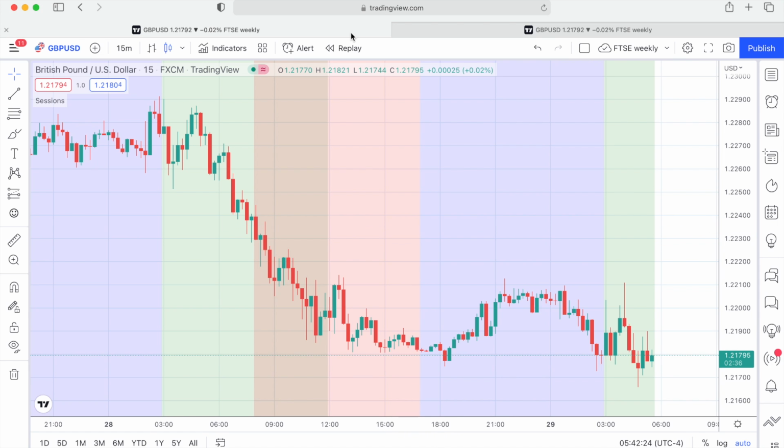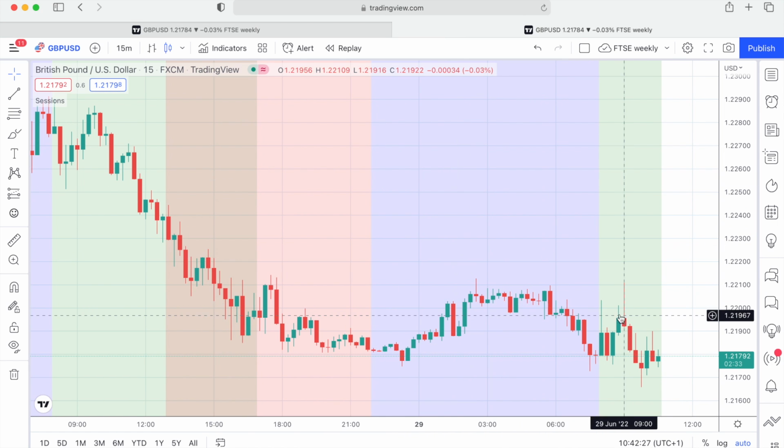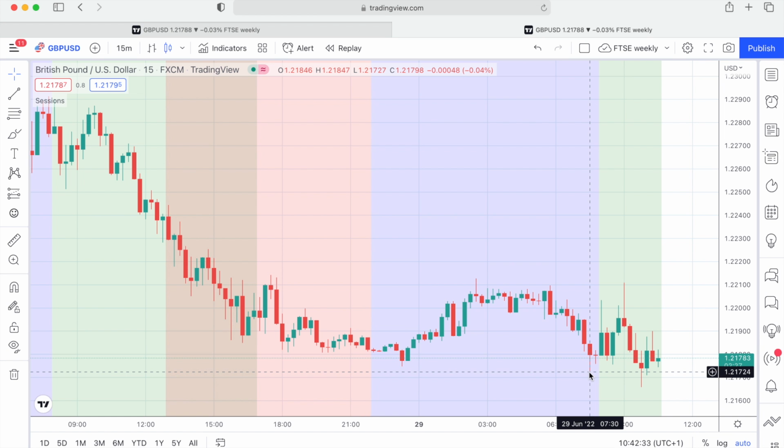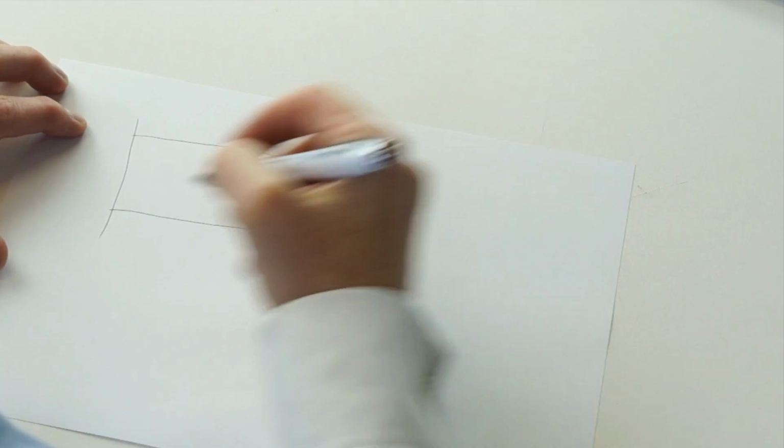Once we have this session identified, all we want to look for is the high of the session and the low of the session. Once we've got the highs and the lows, mark them out. You can then box off the prices. So let's assume this is our Asian box.